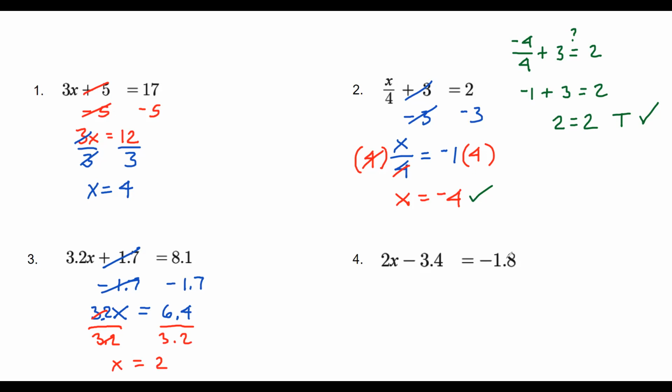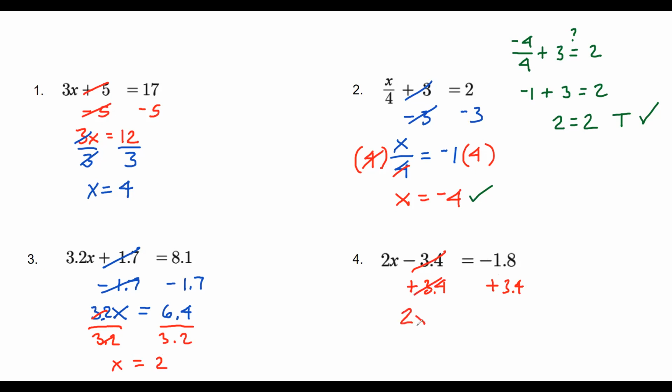All right, last problem. 2x minus 3.4 equals negative 1.8. Since we're subtracting 3.4, we should add 3.4 to both sides. That cancels this out.